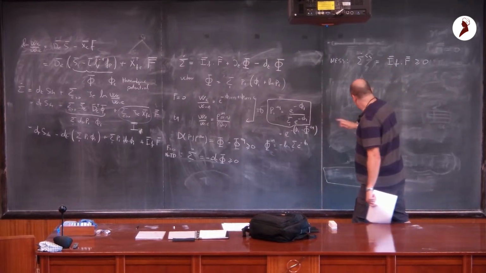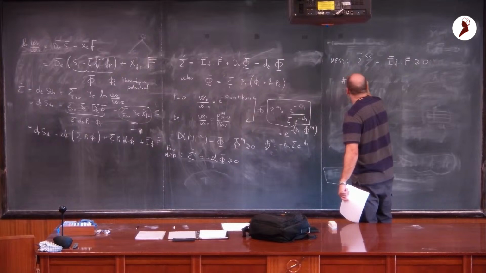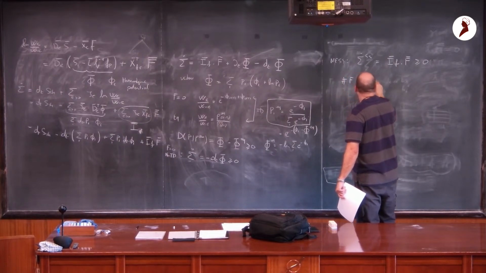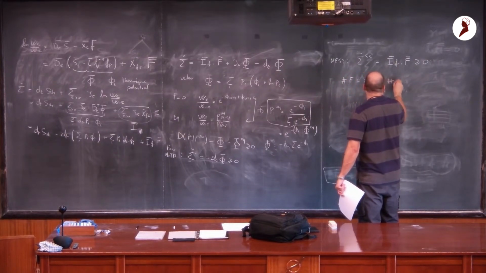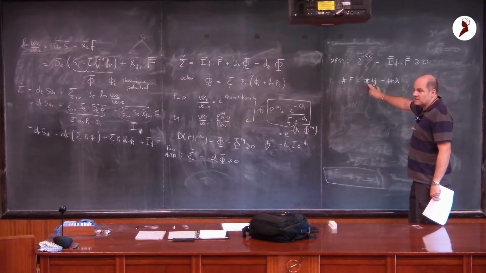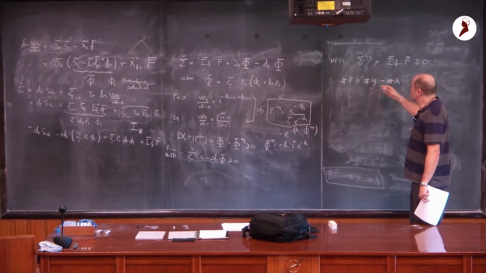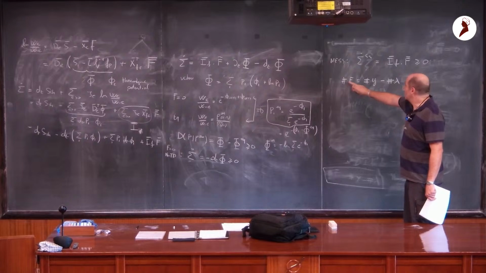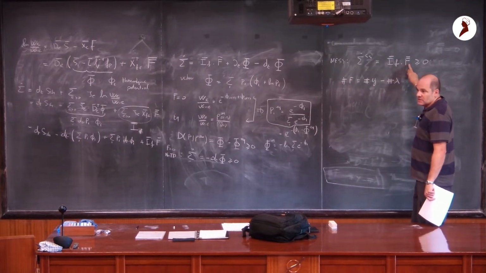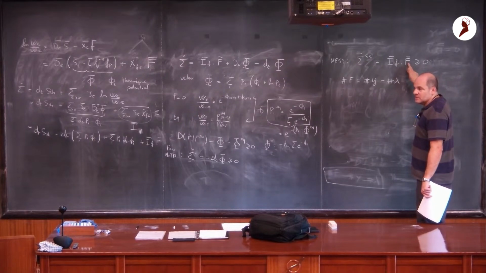I just erased the fact that the number of F is the number of Y minus the number of conservation laws. You may think initially that you need all of the fluxes exchanged with the reservoir. No. If you have conservation laws, it allows you to reduce and get only a subset of them that fixes the forces. These are really the key objects to understand when your system is driven out of equilibrium.